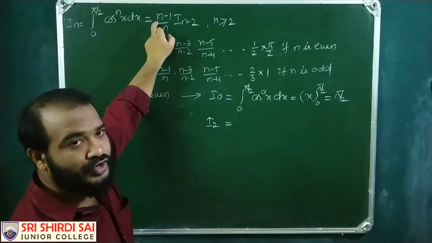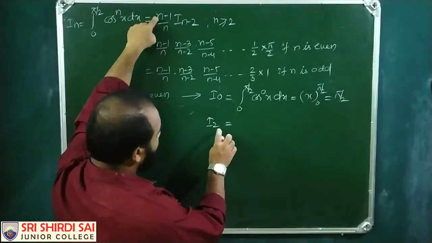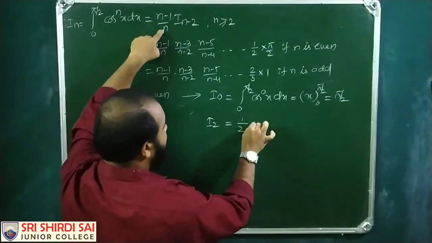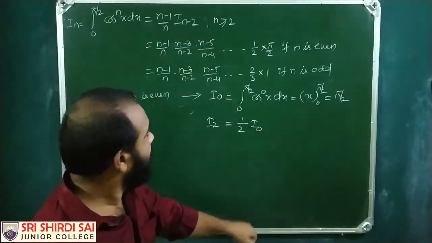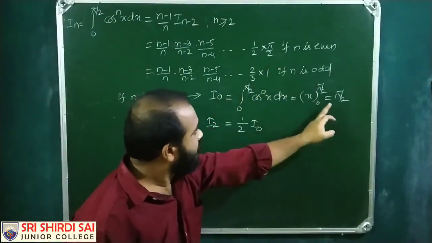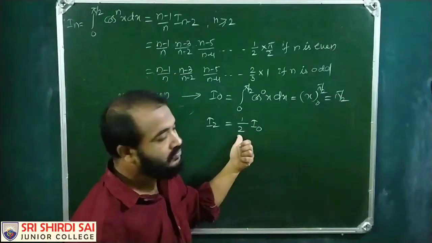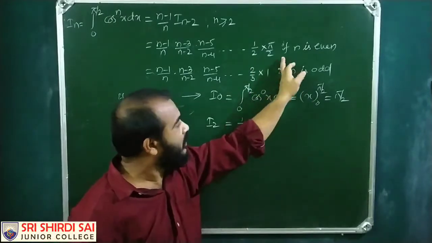Therefore, we can substitute: (n minus 1) by n, n is 2, so 2 minus 1, 1 by 2, into I_(2 minus 2), that is I naught. So I2 is 1 by 2 into pi by 2.